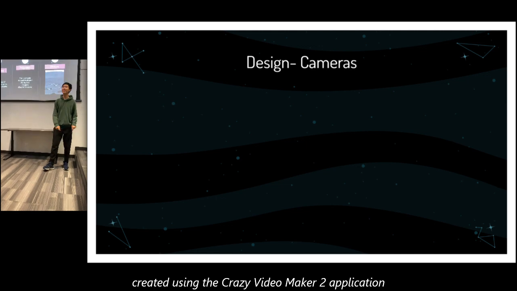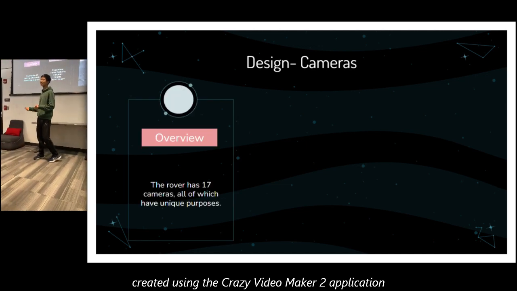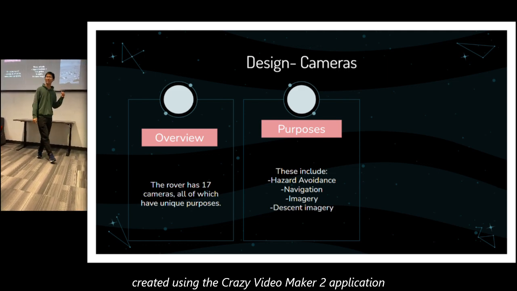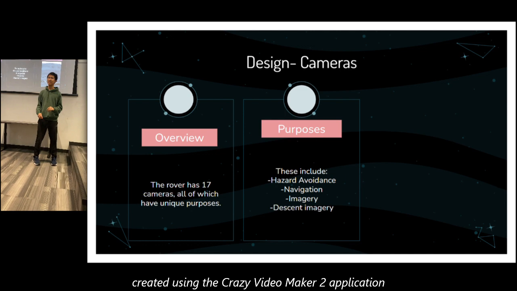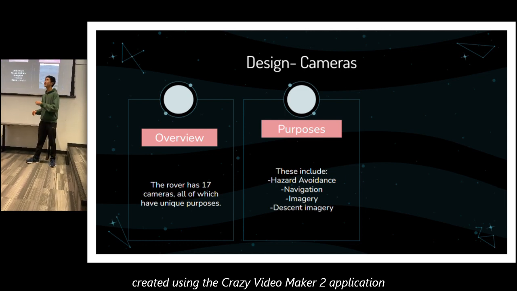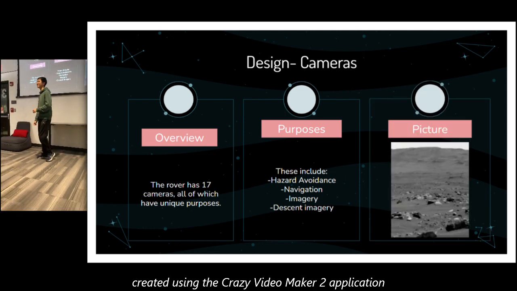So the rover has 17 cameras, which include hazard avoidance, which is essentially seeing a threat and then moving around it. Navigation, which is just moving around objects safely. Imagery, which is these camera images you can see here.